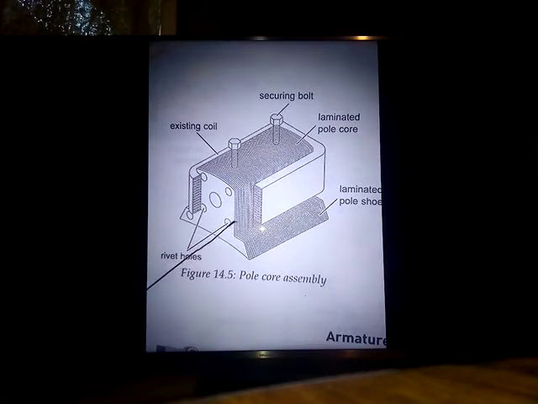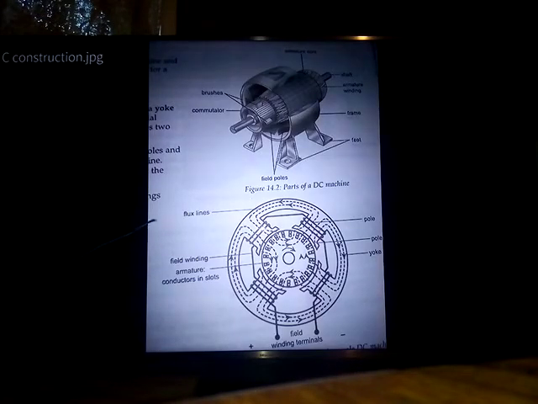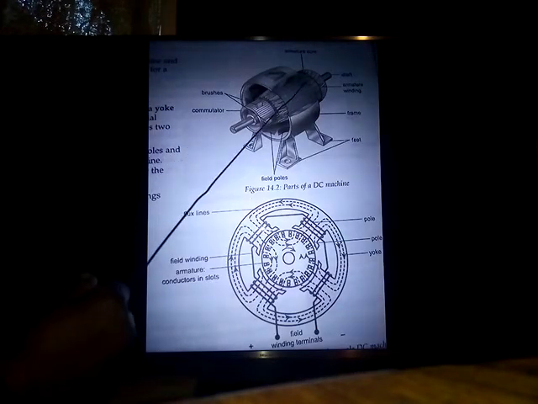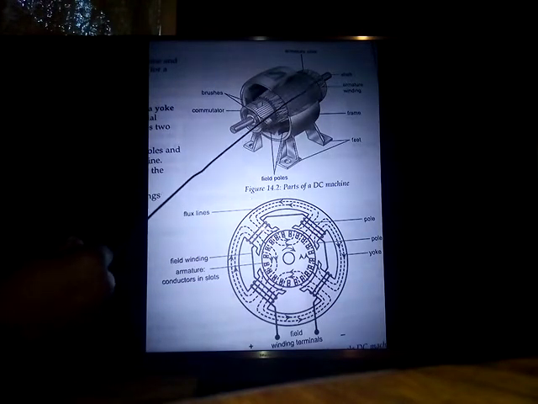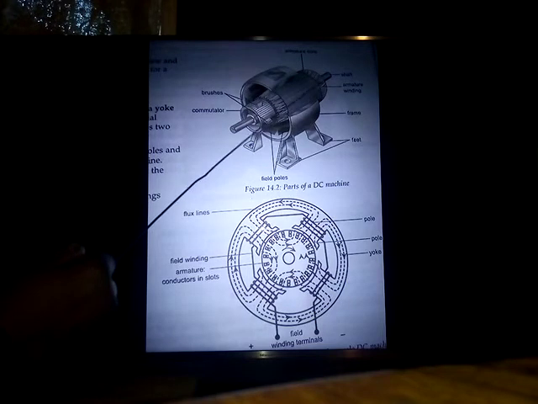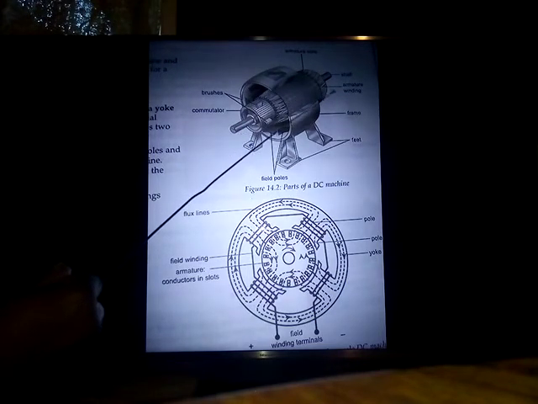They are riveted, as you can see here, riveted holes, right? And then we said when we started that the purpose of the poles is to hold the field coils into position. Look at this diagram here. But when you look at this edge here next to the shaft, the conductors are visible.